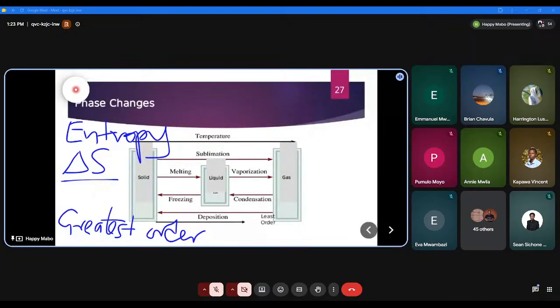For solids, because their particles are fixed, they have the least entropy compared to gases, whose particles have the freedom to move from one location to another. They are free to move through long distances as far as the kinetic theory of matter is concerned.